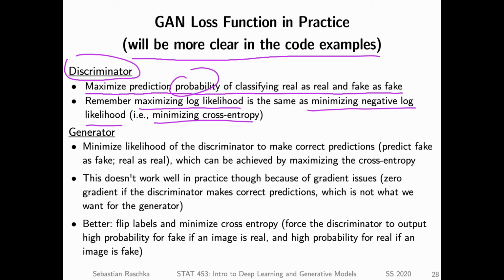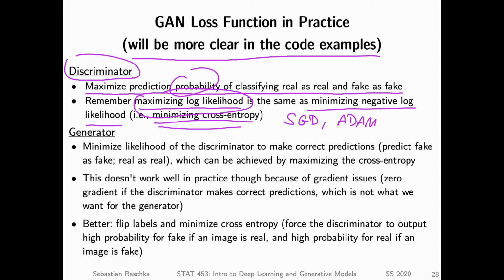That is because in PyTorch we also use stochastic gradient descent, or ADAM, which is a variant of stochastic gradient descent, and we don't want to change our optimizer, which is minimizing something. So in this case, we reframe the maximization of the log likelihood into minimizing the negative log likelihood, which is the same as minimizing the cross entropy. So that is what we do for the discriminator.